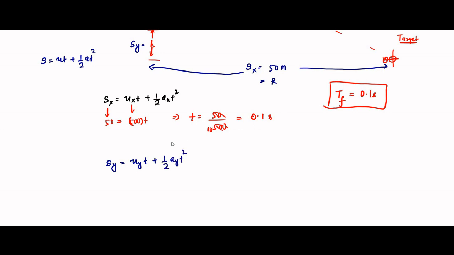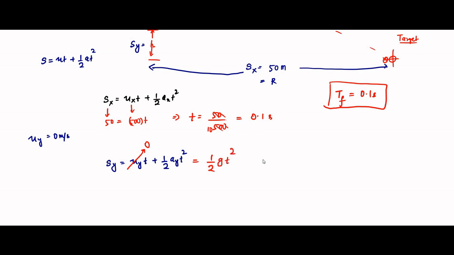Here only horizontal velocity is there, no vertical component is there. So uy is equal to 0 meter per second. As uy is 0, this whole part will become 0. So we'll only have 1/2 ay t square. ay is plus g. So it is equal to 1/2 g t square.